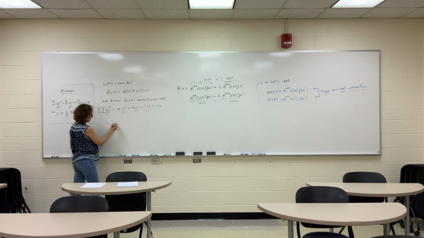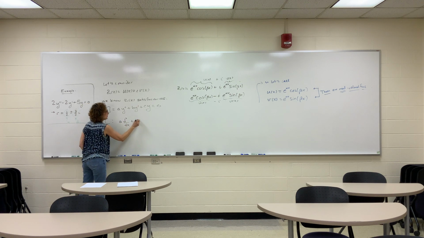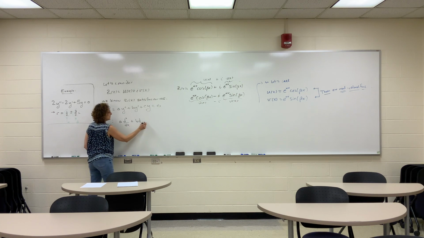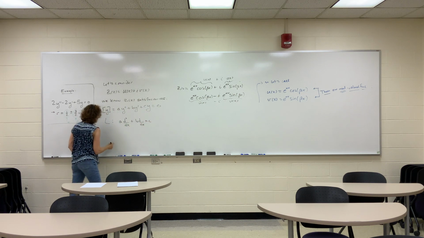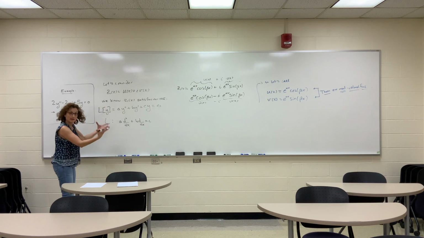L as an operator is a constant times the second derivative with respect to x, plus another constant times the first derivative with respect to x, plus another constant. That's this little operator waiting to attach to something.